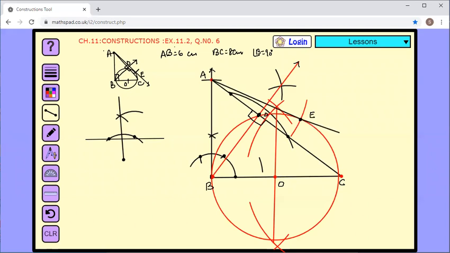So this is the other tangent to the circle. This way we are able to complete this construction.